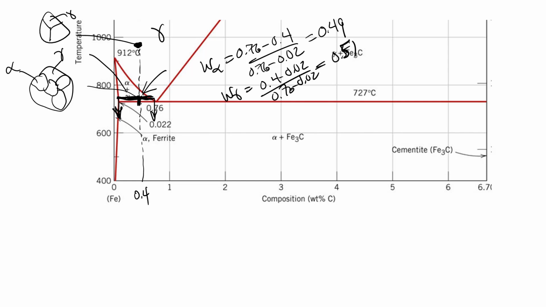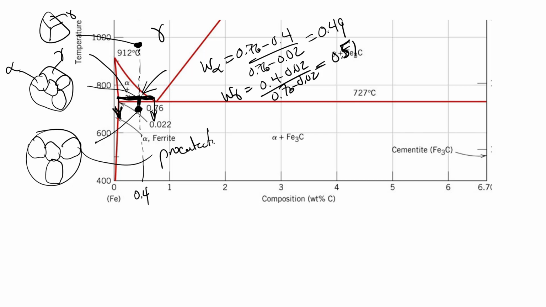Now, remember, what happens when we cool down below? Well, all of the austenite that was around is at 0.76. So it turns into perlite, so the microstructure below is proeutectoid alpha, and then the austenite gamma becomes perlite.